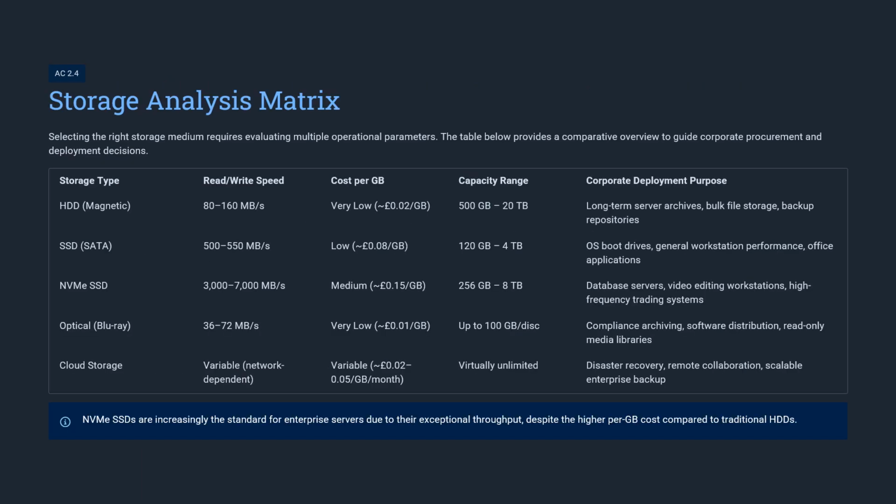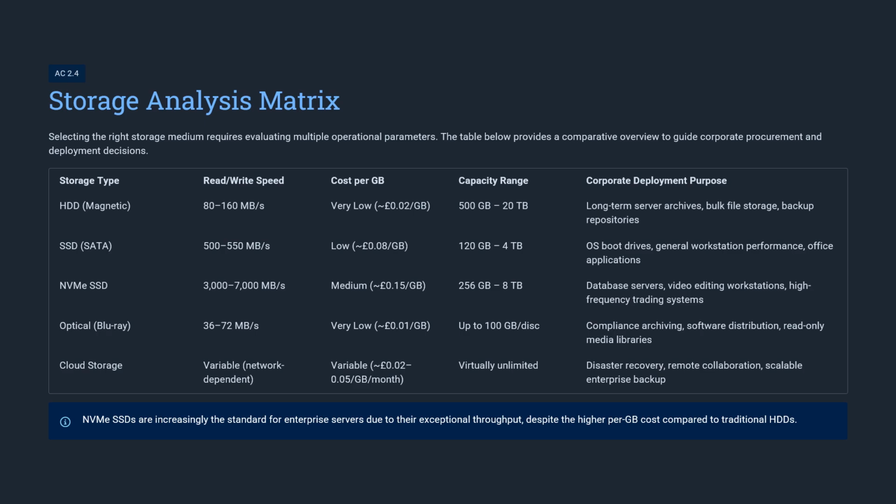This storage analysis matrix compares different storage technologies based on speed, cost, capacity, and business use. HDDs are best for low-cost storage. SSDs are suitable for everyday tasks, and NVMe provides the highest performance for demanding applications.